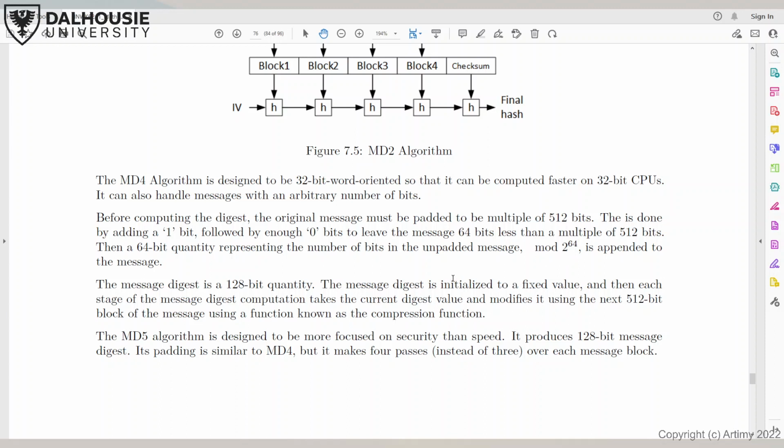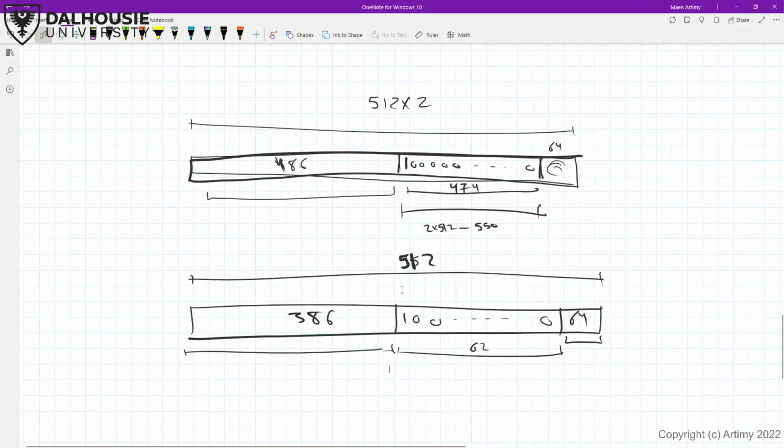Of course, the 64 bits at the end represent the number of bits in the unpadded message. So it will work as long as this number can be anything from 0 to 2 to the power of 64 minus 1. So 386 will be represented easily in binary here, and 486 will also be represented easily in binary.